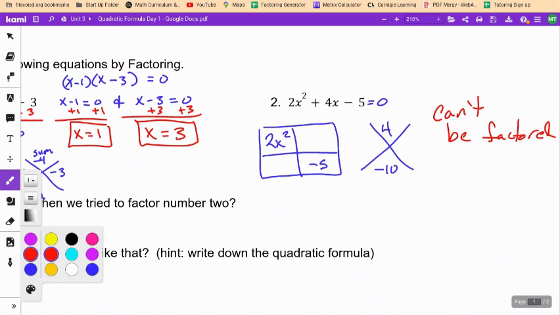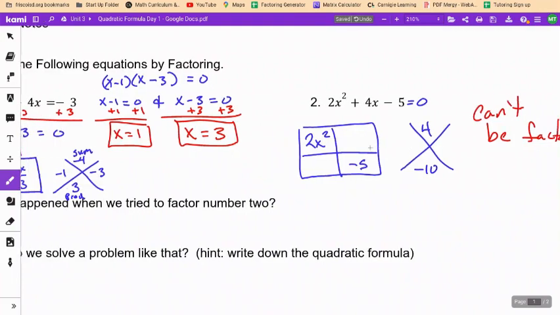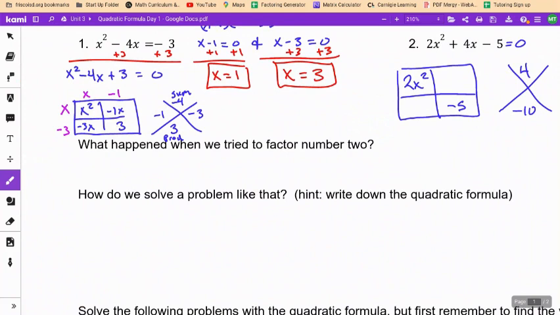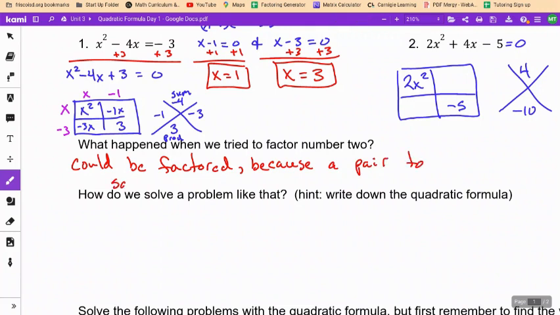Okay, so it can't be factored. And so that brings us to our question right here. What happened when we tried to factor number 2? Well, we'll write, it couldn't be factored, because we couldn't find a pair to satisfy both the product and the sum.